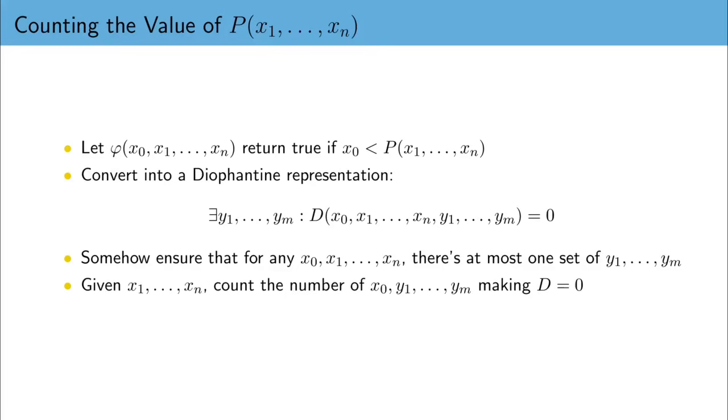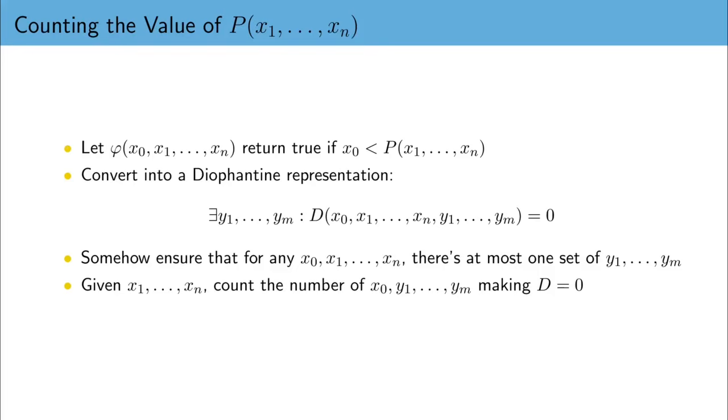I'll start by focusing on the question of how, given x1 through xn, we can count the number of tuples of x0 and y1 through ym making our polynomial 0. If D is singlefold, once we fix x1 through xn, x0 will determine the y's, if they exist at all.